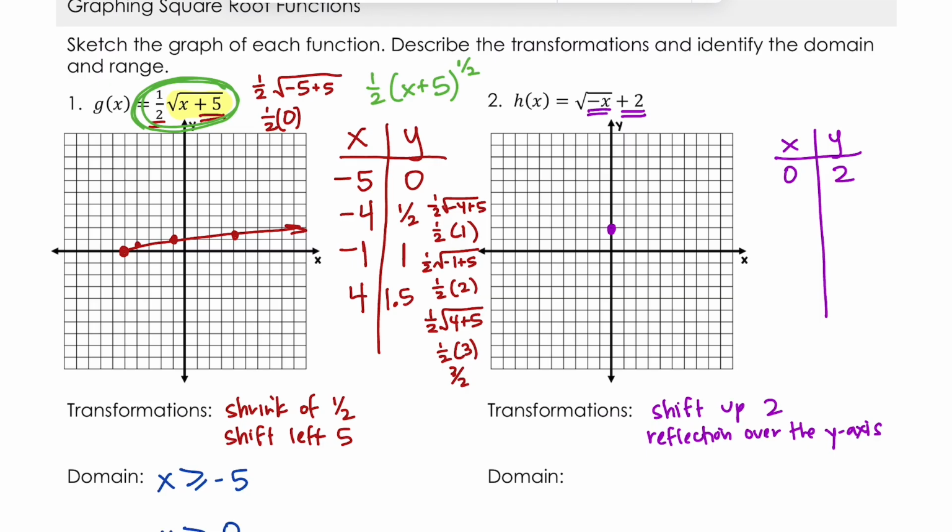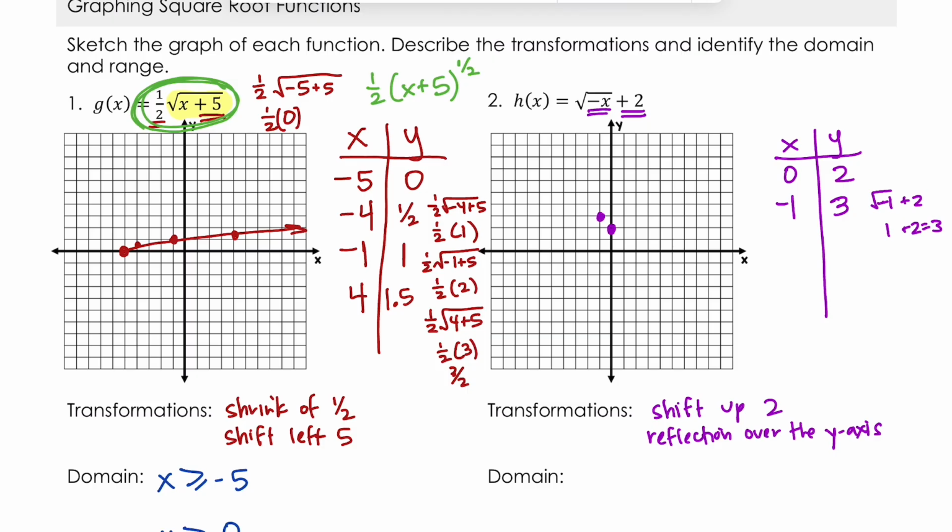So I actually can't plug in positive numbers because I can't take the square root of negative things, that minus sign inside. So instead, I want to plug in a negative number. So for example, -1. If I plug in -1, then I really have the square root of -1. Well, that's going to be +1, and then +2. So when I plug in -1, I get +3.